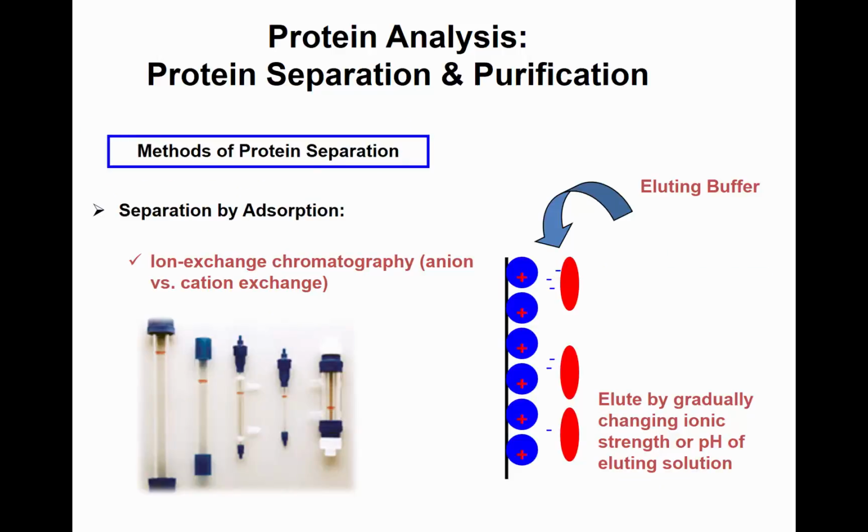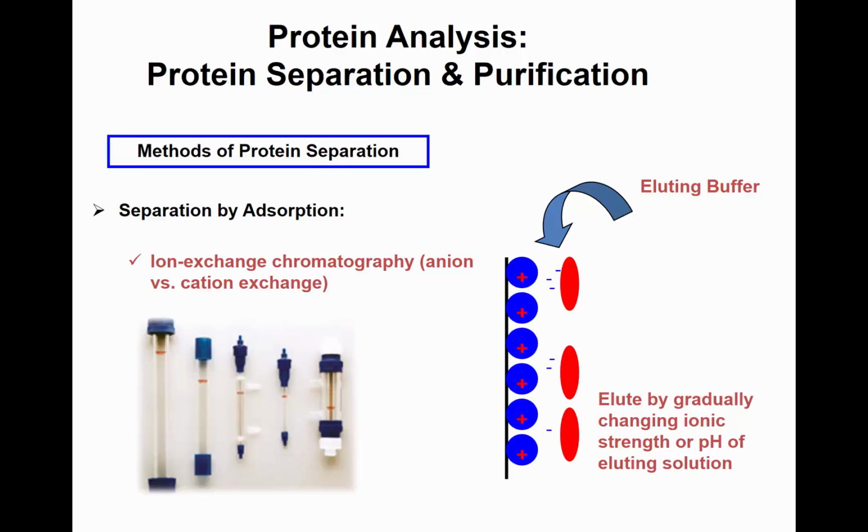So, separation by adsorption chromatography. Under that, it's either anion exchange or cation exchange. In this case, this is anion exchange. Your proteins have a negative charge, so they're anions, and you have a stationary phase. Again, I'm not going to go through principles of chromatography here.